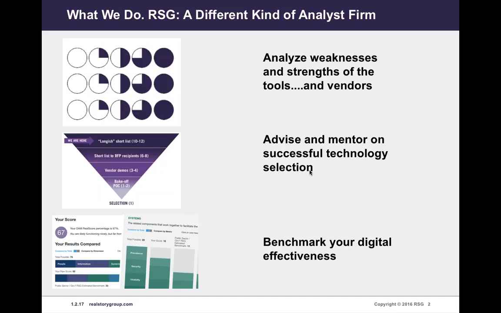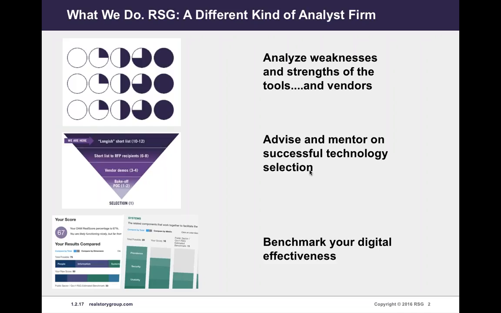I want to walk you through a little bit about our company and what we do. Our main focus is to help our customers select the technology product that's the right fit for their unique needs. We really want to provide you with the right information at the right time.